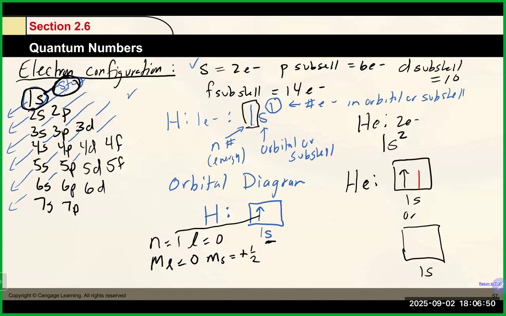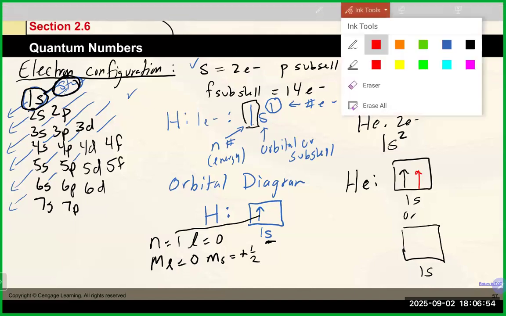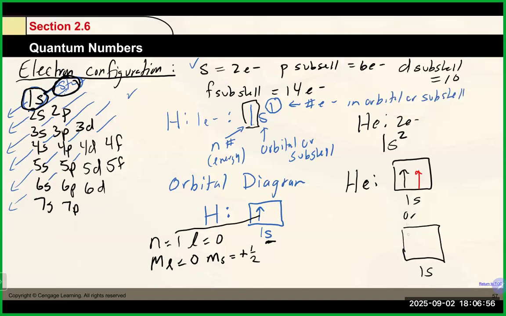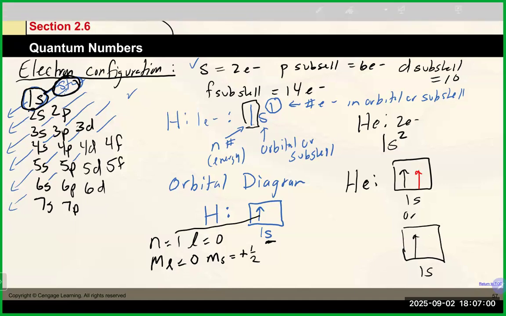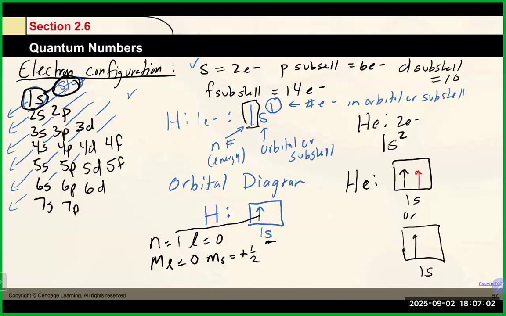We could go upwards, or we can put it in downward. That would be really our other option here. Now, which way should we do it?